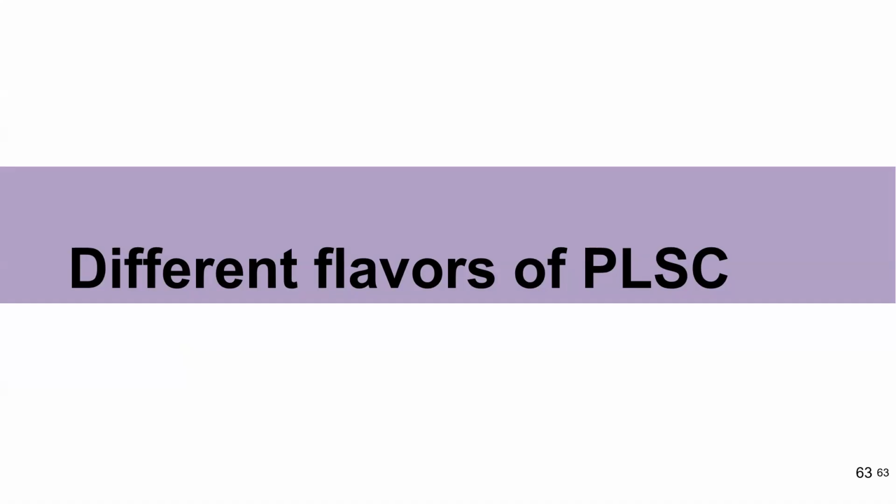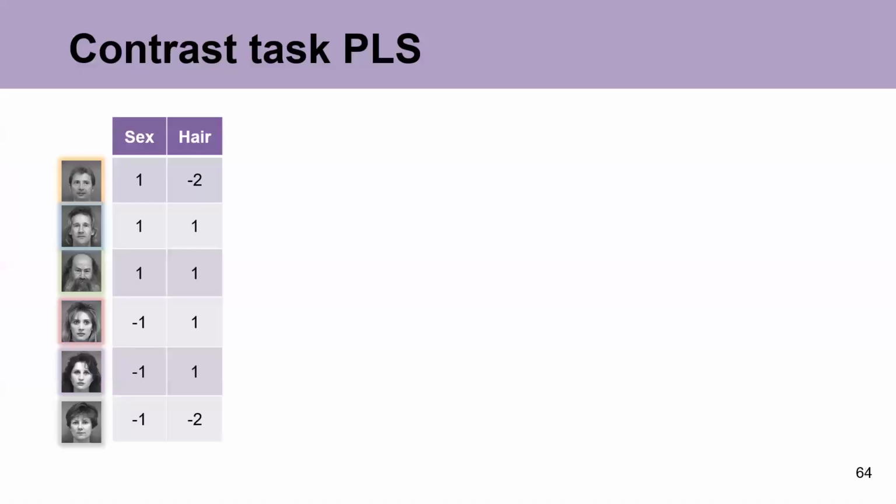So finally, just the last bit. There are different flavors of PLS, and you might see this in a lot of imaging analysis. So here, you can think about the faces as brain images. I'm just using faces to represent it. That's easier to see. So all the imaging data goes into one single table. The other table could change.